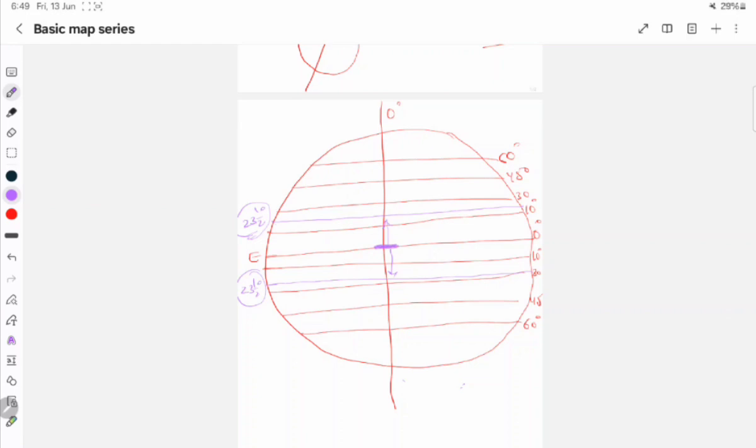So we decided that we will divide the globe into two parts: the northern hemisphere above 0 degree, and below is the southern hemisphere. This is a sphere, and hemi is half. So the northern hemisphere is above 0 degree latitude, and below it is the southern hemisphere.